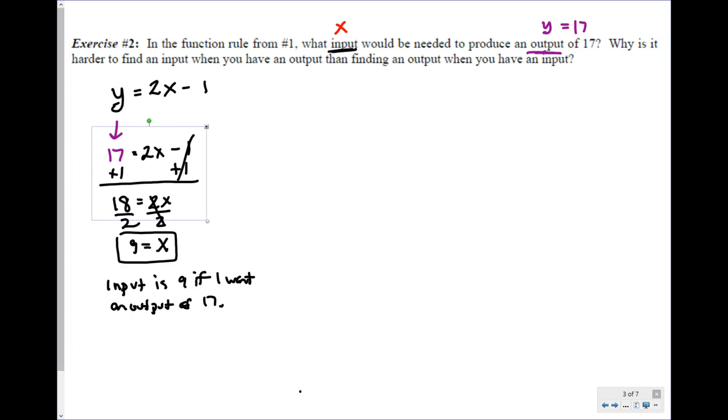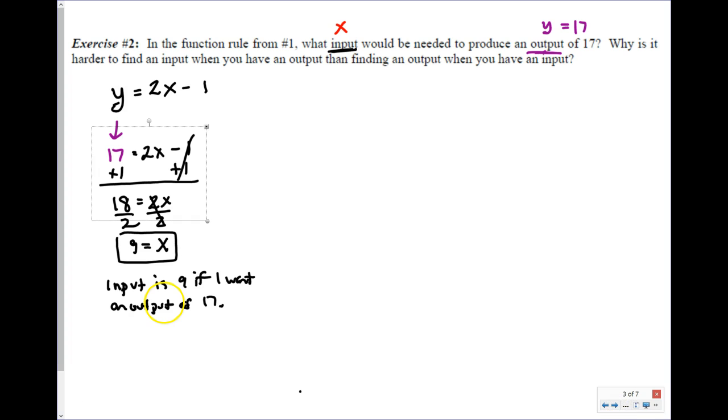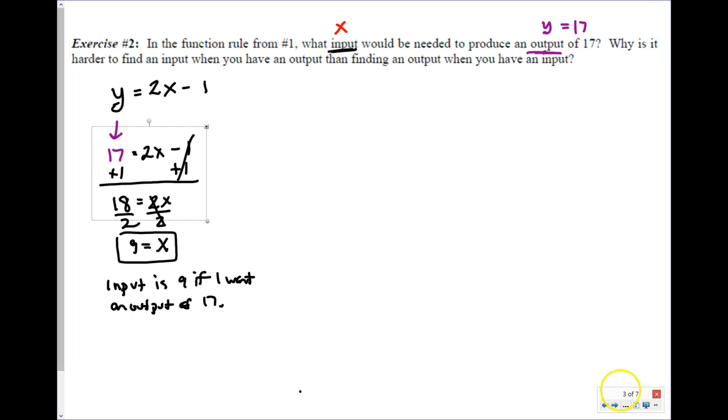Okay? The next part of the question says, why is it harder to find an input when you have an output than finding an output when you have input? What that's asking you is, why is this first part so much easier? When we were just plugging in 0, 1, 2, 3, and then finding the output, this table didn't take us much time. We just plugged it in and calculated. But this took a little bit more thinking. It's harder because we have to do some solving and remember those lessons from Unit 2.